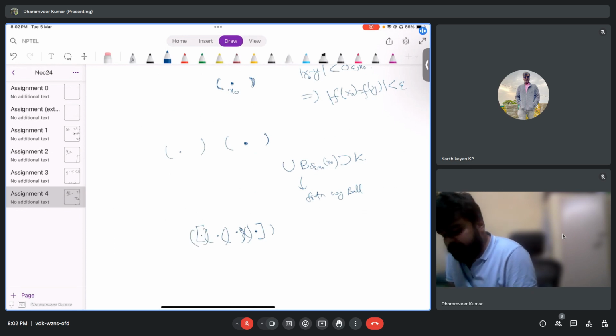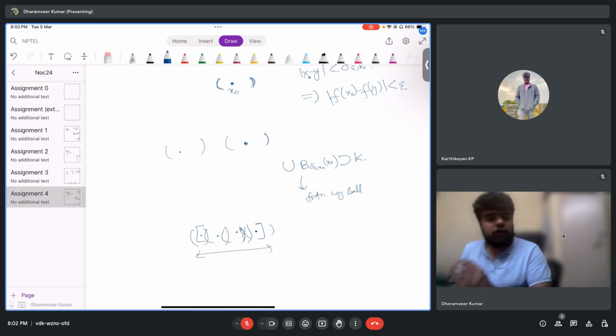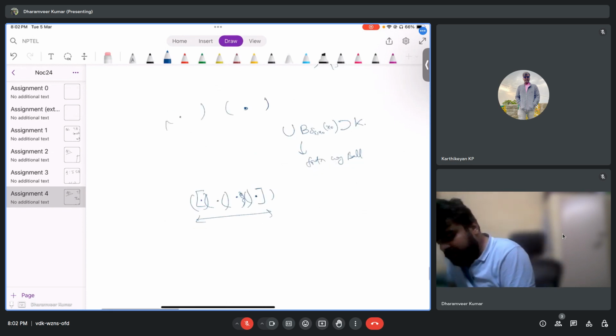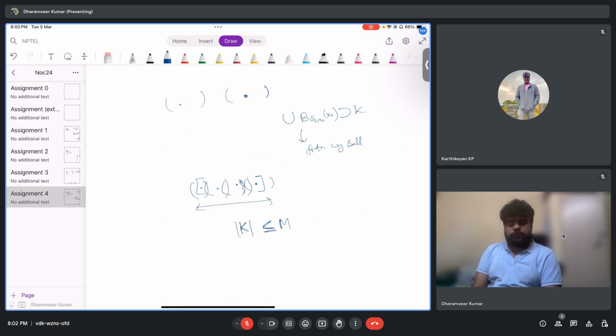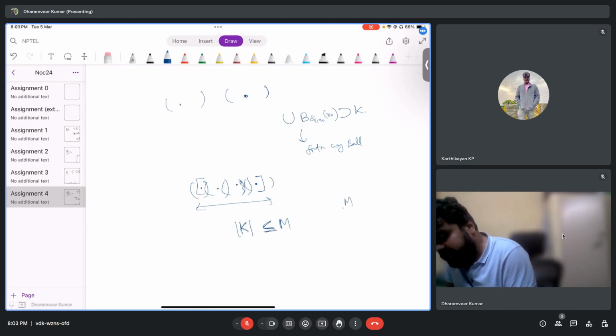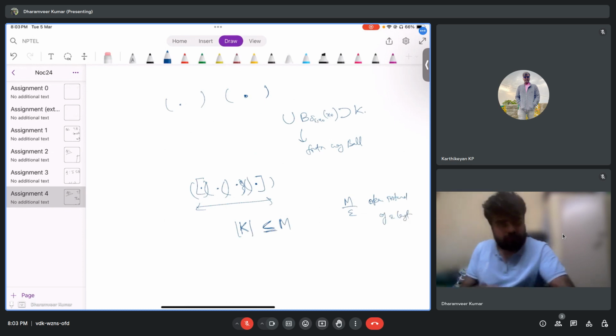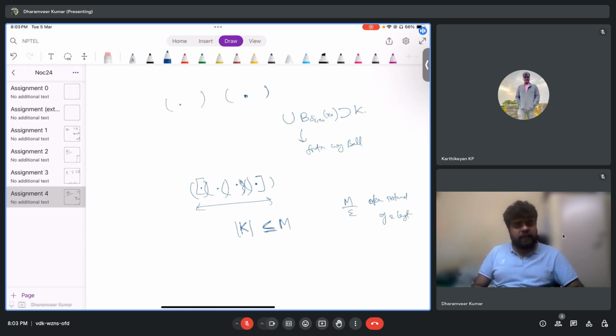Let's say the length of the whole set is bounded, so the length of the compact set is less than or equal to m. If I take m over epsilon open intervals of epsilon length, they will definitely cover this K.